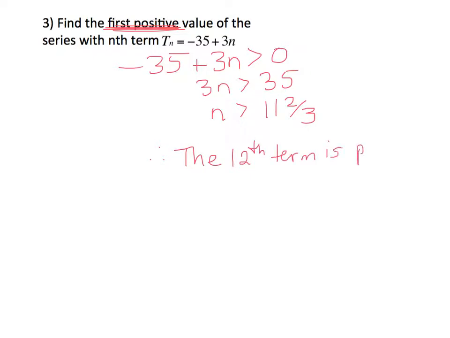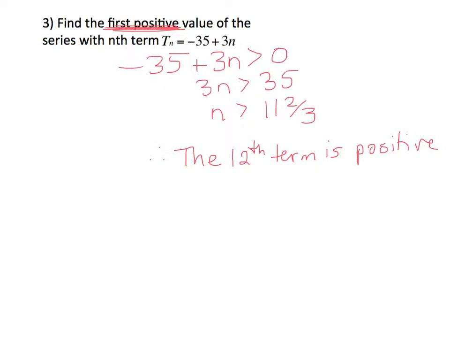And you can just double check that by substituting in n equals 12 here, and you'll get a positive value for the term. And if you substitute in, say, n equals 11, you'd get negative 35 plus 33, which is negative 2.